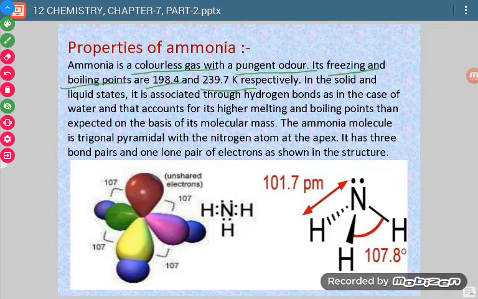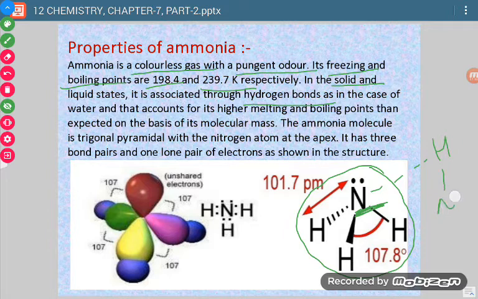In the solid and liquid states, it is associated through hydrogen bonds. Since there is nitrogen as well as hydrogen, and nitrogen is more electronegative, it can form hydrogen bonds with other molecules. This way there will be formation of hydrogen bonds.